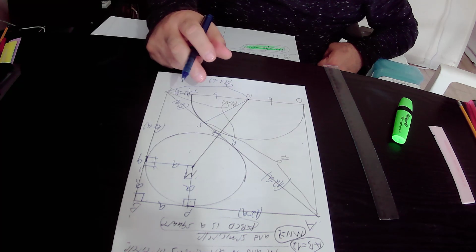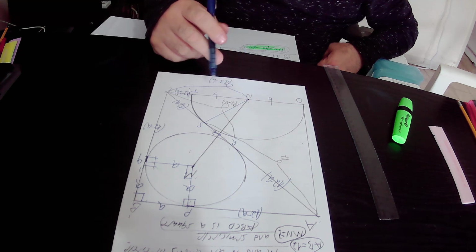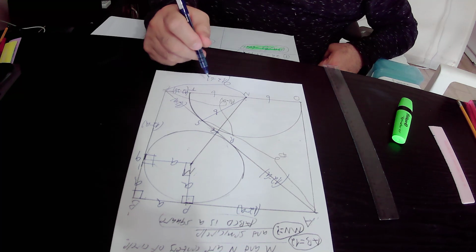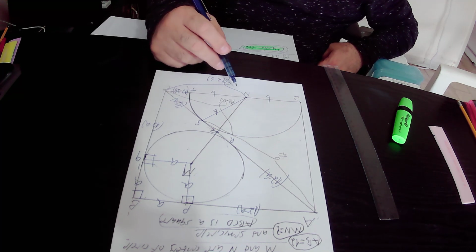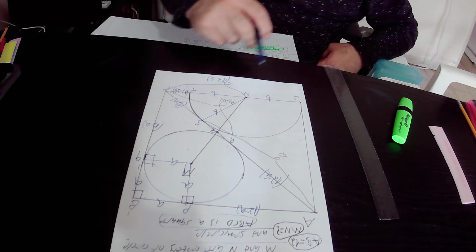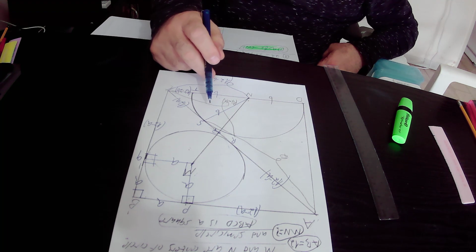Therefore, NS is the radius of the semicircle, that is, it equals B units.